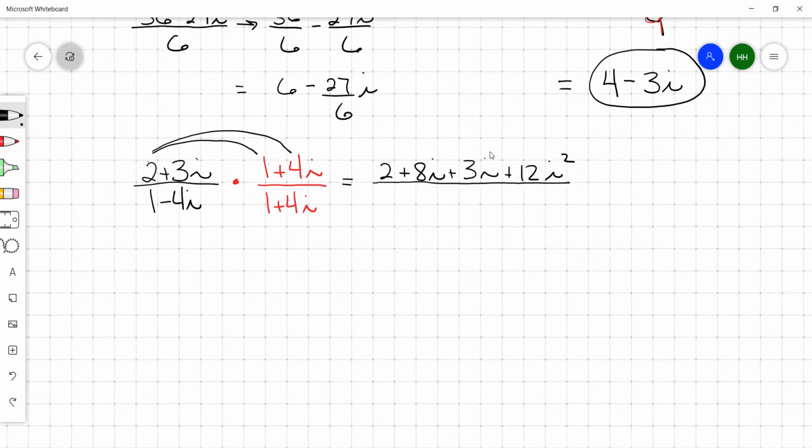In the denominator, you got this 1 times 1, which is 1, and 1 times positive 4i, which is positive 4i. You have negative 4i times 1, which is negative 4i. And then you have negative 4i times positive 4i, and that's negative 16i squared.